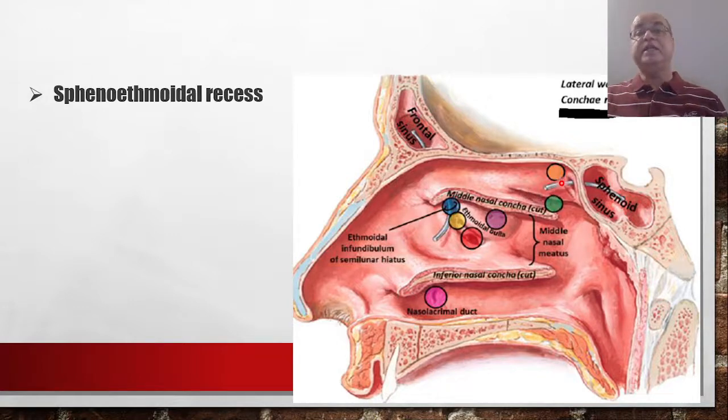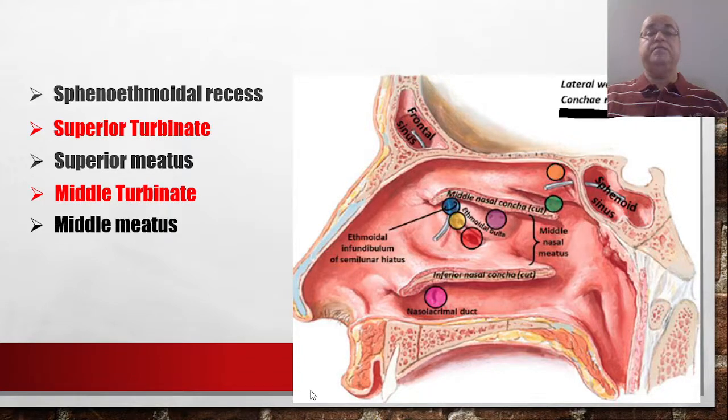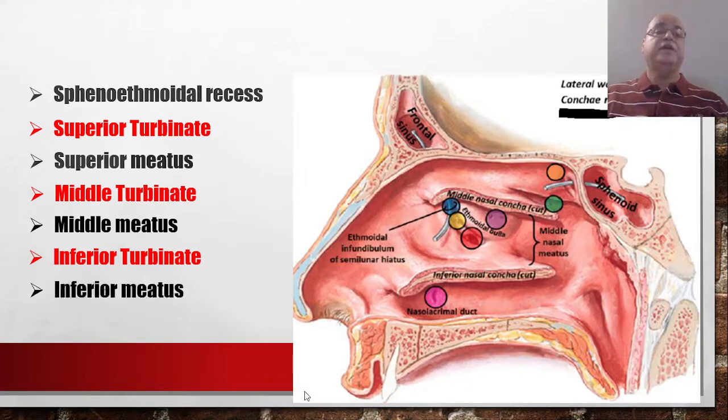Above and behind the superior turbinate is the sphenoethmoidal recess, then below this superior turbinate will be the superior meatus, then is the middle turbinate, below the middle turbinate will be the middle meatus, then is the inferior turbinate along the whole length of the lateral wall of the nasal cavity proper, and below is the inferior meatus.